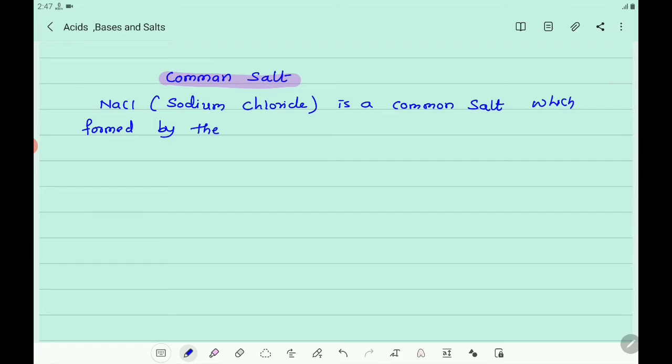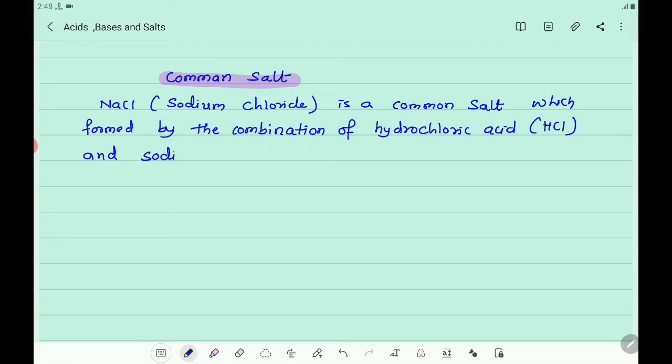Formed by the combination of hydrochloric acid. You know the molecular formula of hydrochloric acid is HCl, and the molecular formula of sodium hydroxide is NaOH.